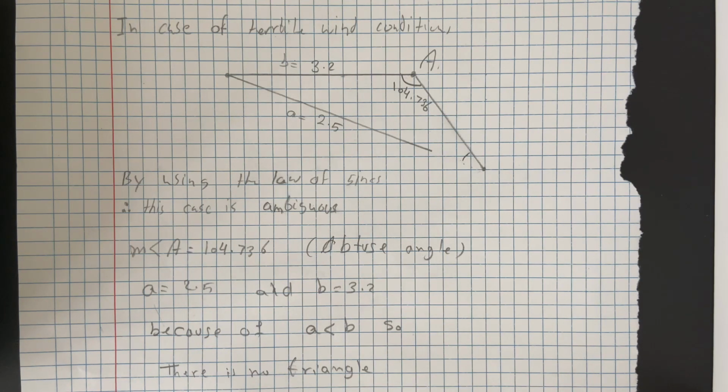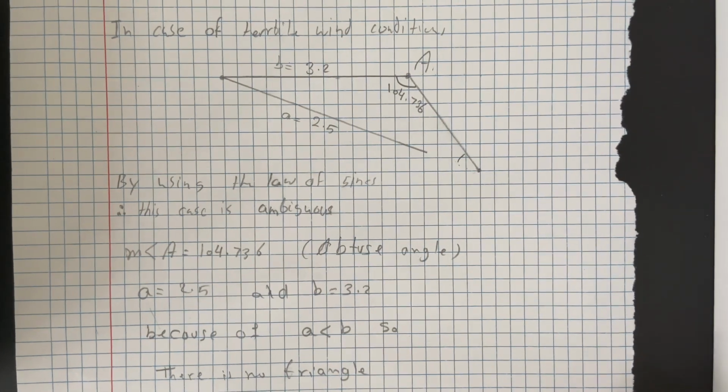It means that B is larger than A, so there's no triangle, because his speed is less than the speed of the downstream, which is 3.2. So there will be no triangle and the angle can't be found. In other words, he cannot reach the endpoint because there's no triangle and you cannot find the angle.